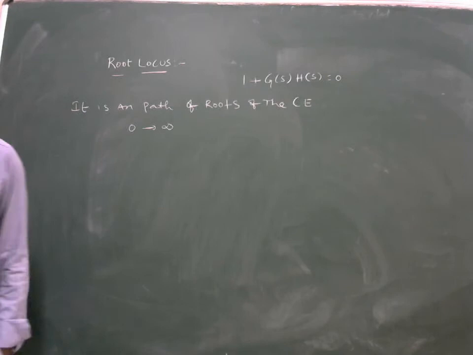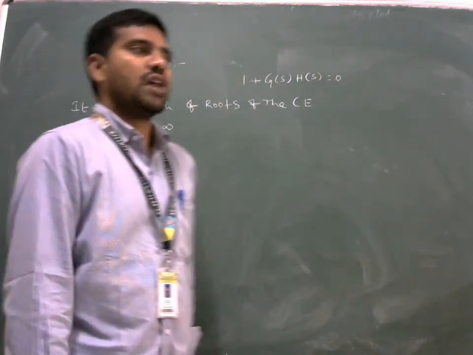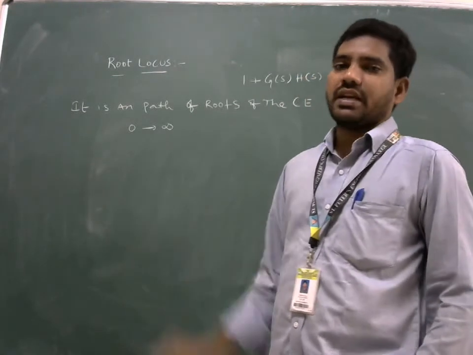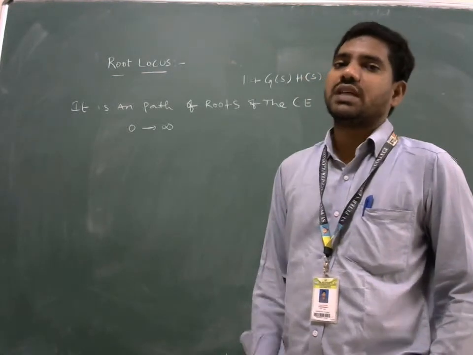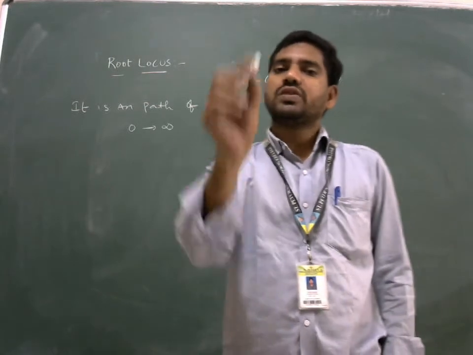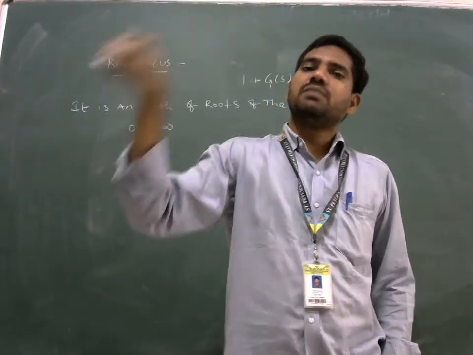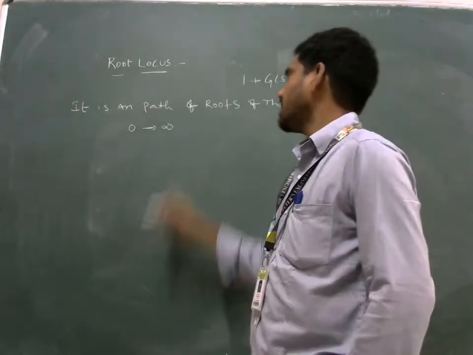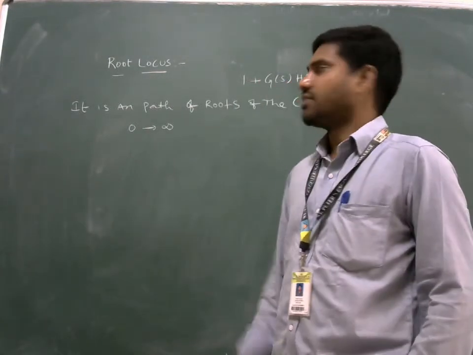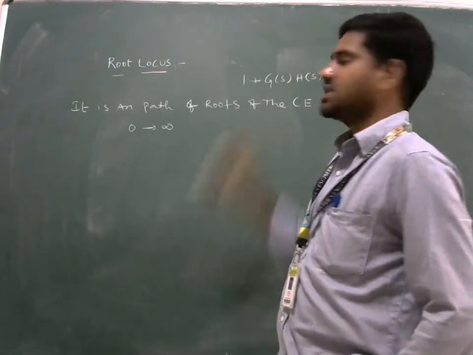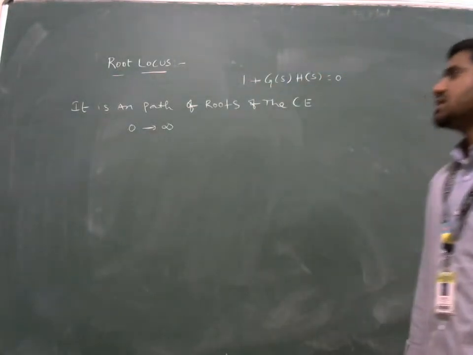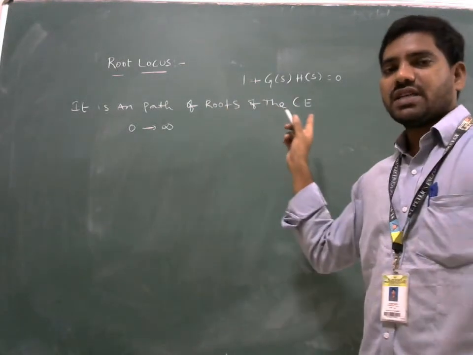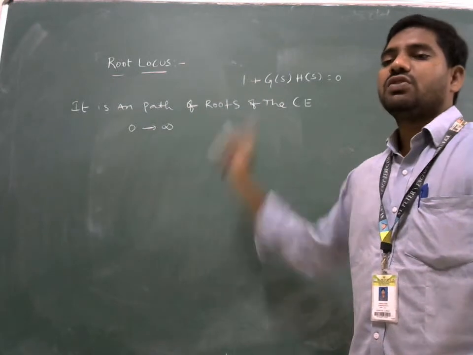That means the root locus is a path of the roots, and the roots come from the characteristic equation 1 plus G(s) H(s) equal to 0. It is a path of the roots of the characteristic equation which are traced from 0 to infinity.